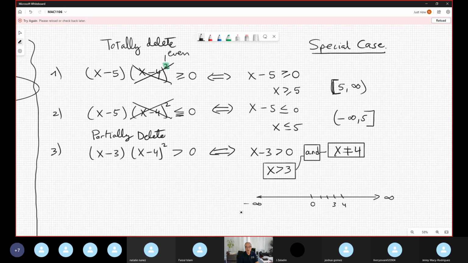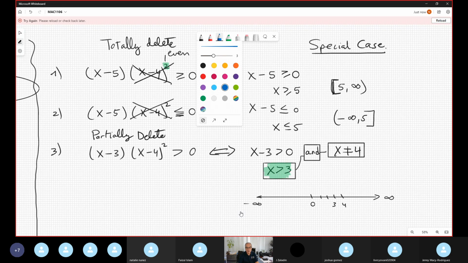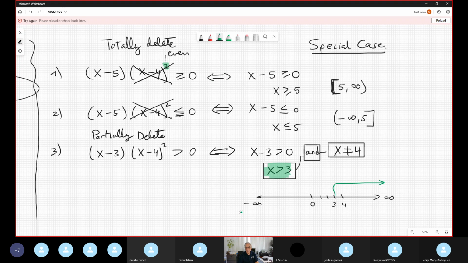This is greater than 3, so that piece is that piece. I put it here as an auxiliary. After, when I finish, I highlight strongly on the real number line. Of course, here is a parenthesis, not a bracket, because there is no equal sign here. But at 4, we have a hole.